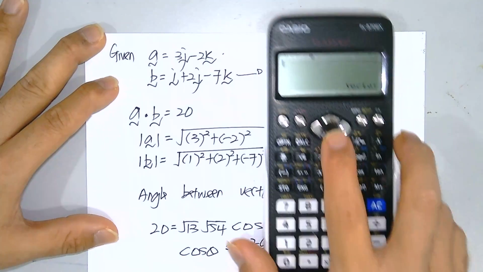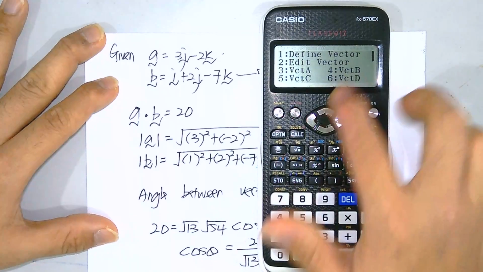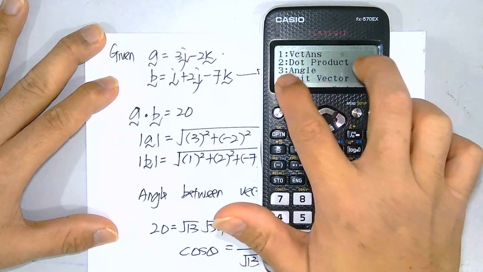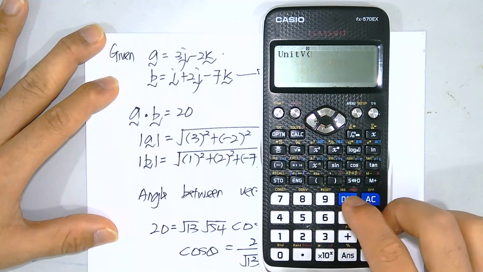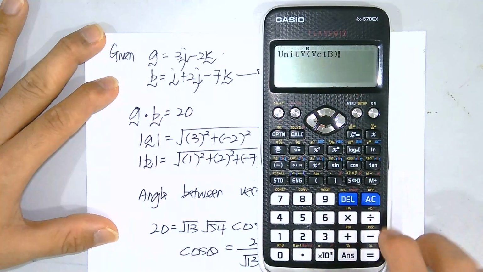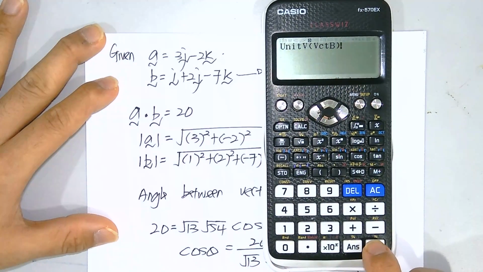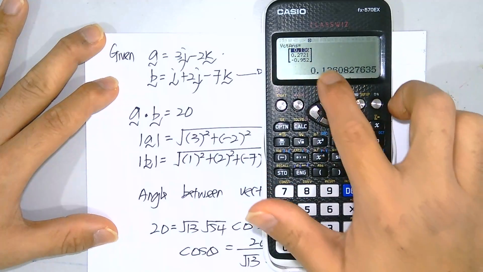You can use this to find the unit vector just by option. For example, you want to find the unit vector for vector B. So you go down, you see unit vector, right? You press for unit vector, vector B, then I press the button equal. So I will get the unit vector.